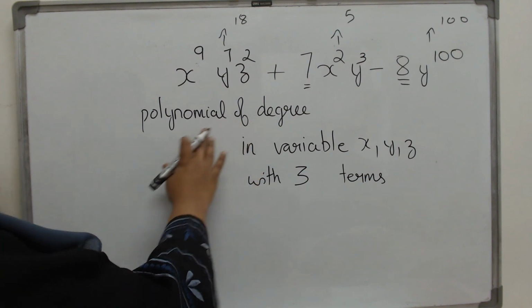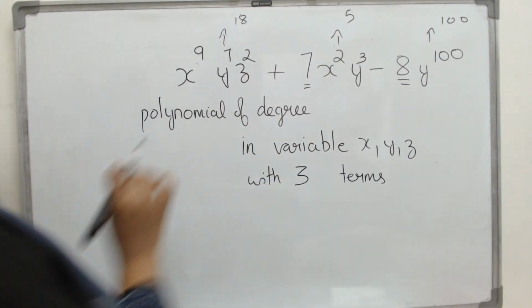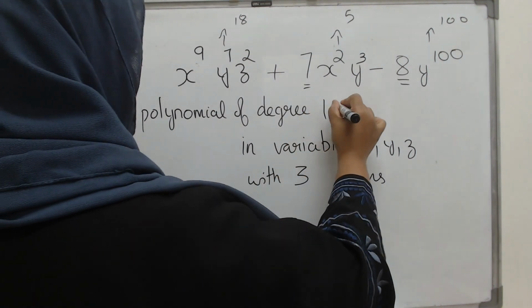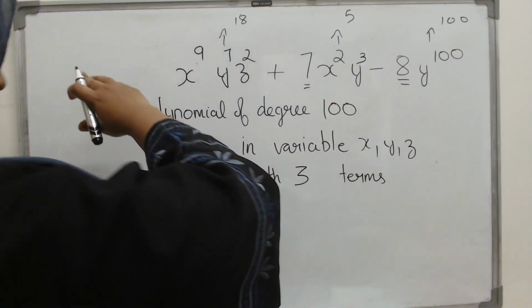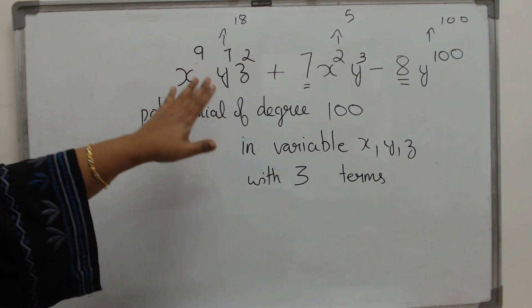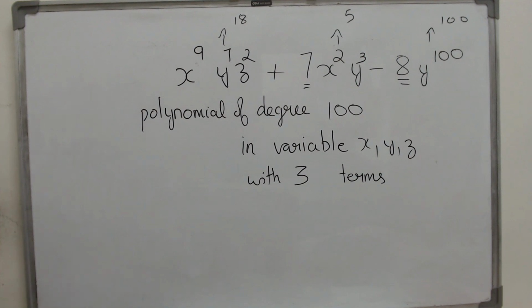Now the degree of this polynomial is the greatest among these three numbers. Look at these three numbers. What is the greatest number? Which is 100. So 100 is the degree of this whole polynomial. What you have is a polynomial of degree 100 with three terms in the variables x, y and z.